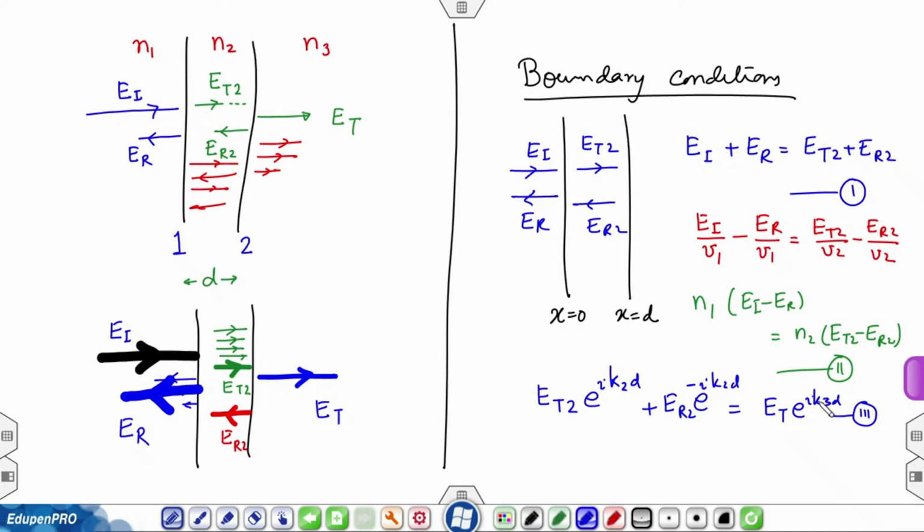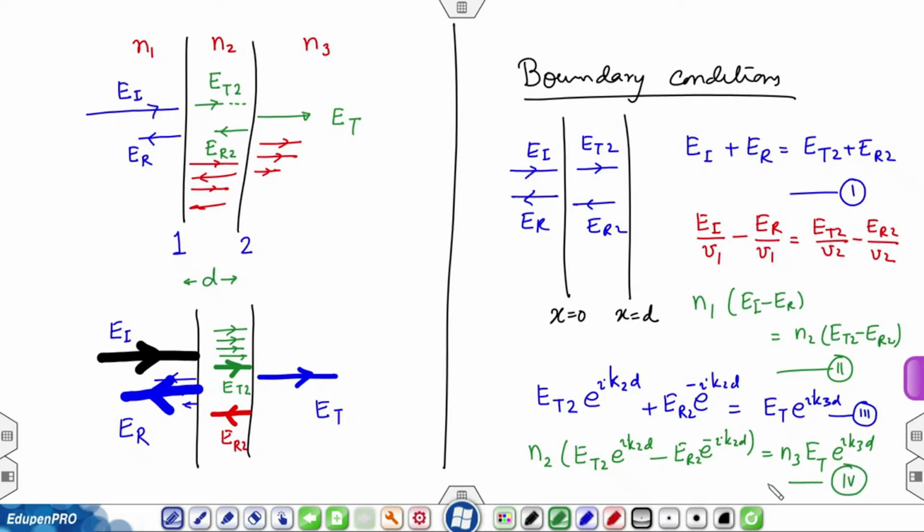And the fourth equation is going to be for the magnetic field, and that will give me N2 times (ET2 e raised to i k2 d minus ER2 e raised to minus i k2 d) equals N3 ET e raised to i k3 d. That is my equation number 4.